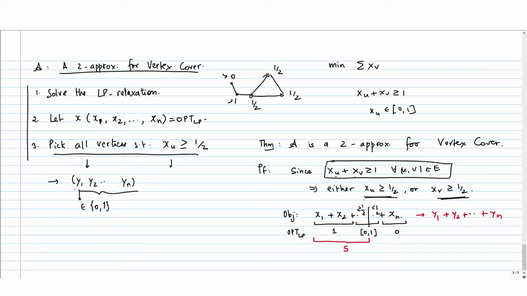What we get is y1 to yn, which is 0 or 1, a solution to the integer program. For the variables where the LP gave a value 1, we also give a value 1. For the values where the LP gave a value at least half, we have at most doubled it to get 1.